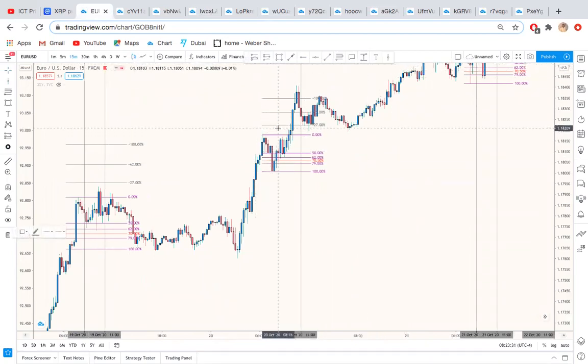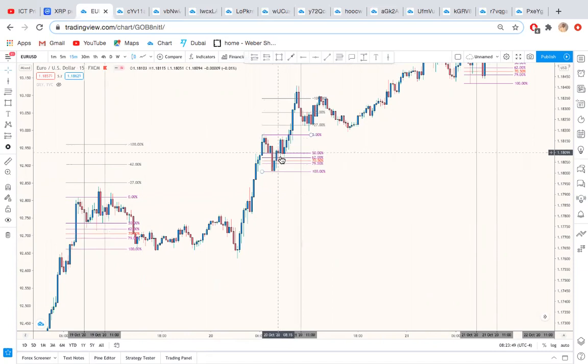Let me put this for you. This is the time window for the OTE. Let me remove it for you to see the candle that triggered my buy limit. This low was from London close and also the high.